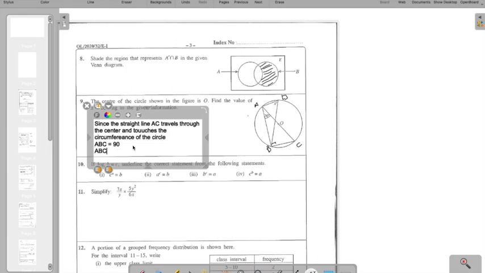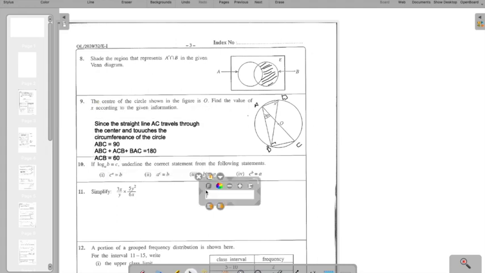ABC plus ACB plus BAC is equal to 180. So therefore, you will get ACB equals 60 degrees. 60 degrees.